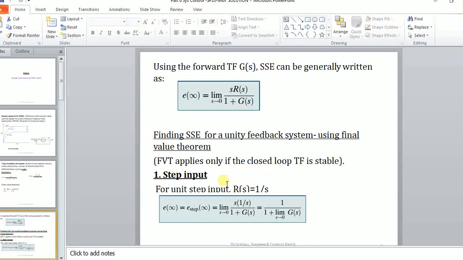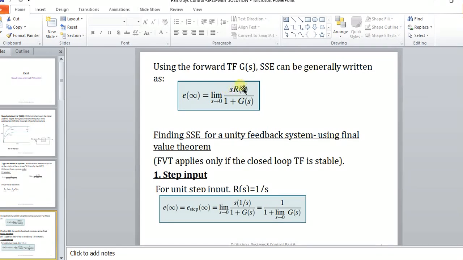Now we will apply this theorem for different types of inputs and see what type of error we are going to get. The first case is step input. As you know, if the step is a unit step, then this R(s), that is Laplace of unit step, is 1 over s. So if you apply here E infinity, that is E step infinity, because we are applying a step input, it is limit s tends to 0, this s.